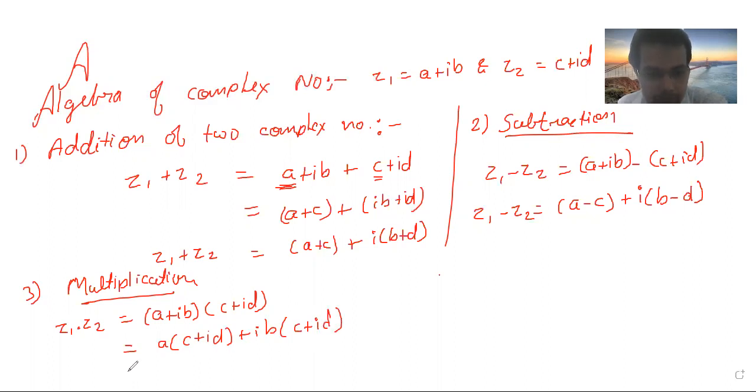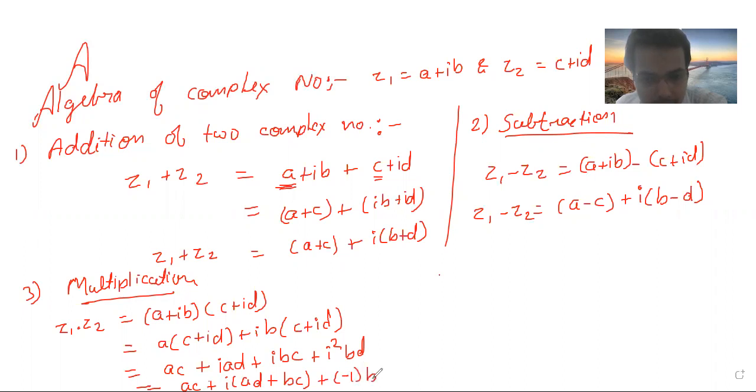Now just multiply it, we will get ac plus iad plus ibc plus i square bd. Now this is equal to ac plus, from the two middle terms, i is common, so i times ad plus bc, plus i square, which is minus 1, into bd.